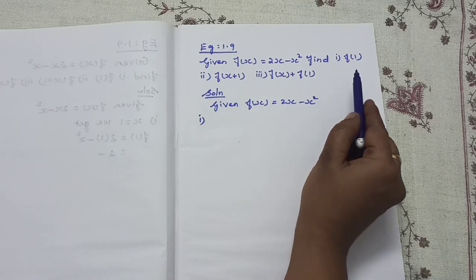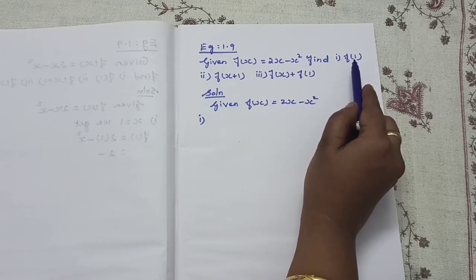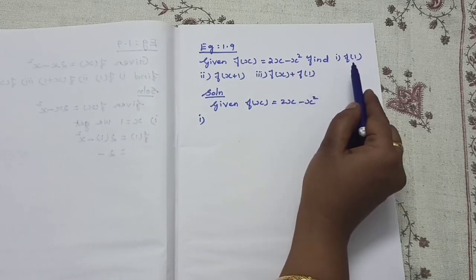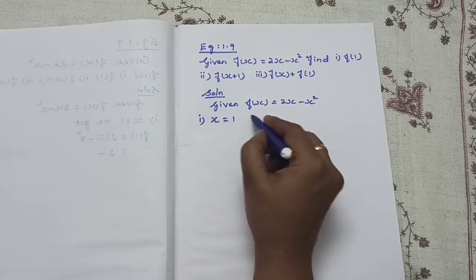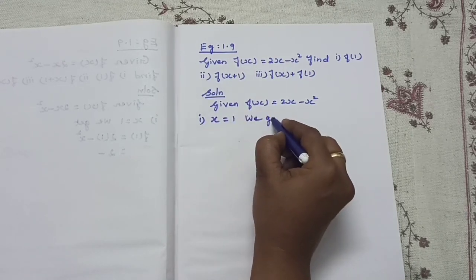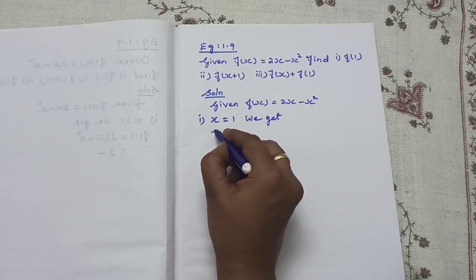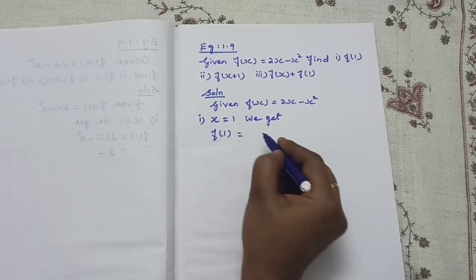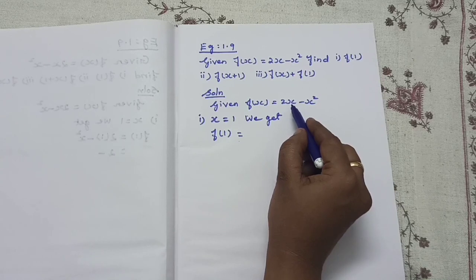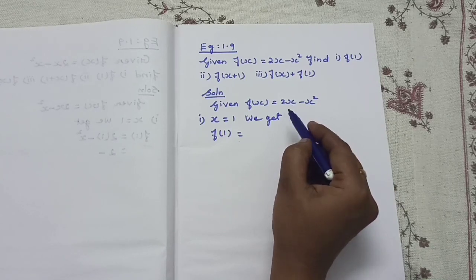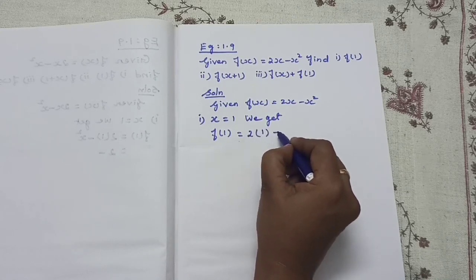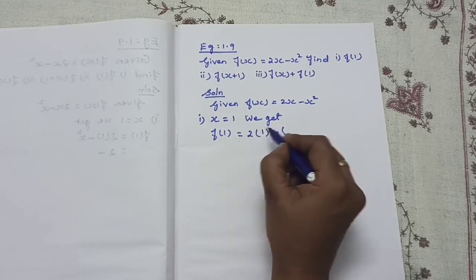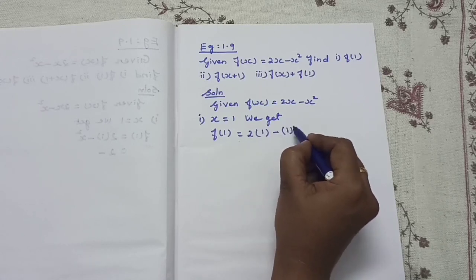So here instead of x, what is given? 1, isn't it? In the place of x in f of x we have to substitute 1. So x equal to 1, we get f of 1 is equal to, instead of x we have to substitute 1. 2 into 1 minus, x place 1 substituted, the whole square.